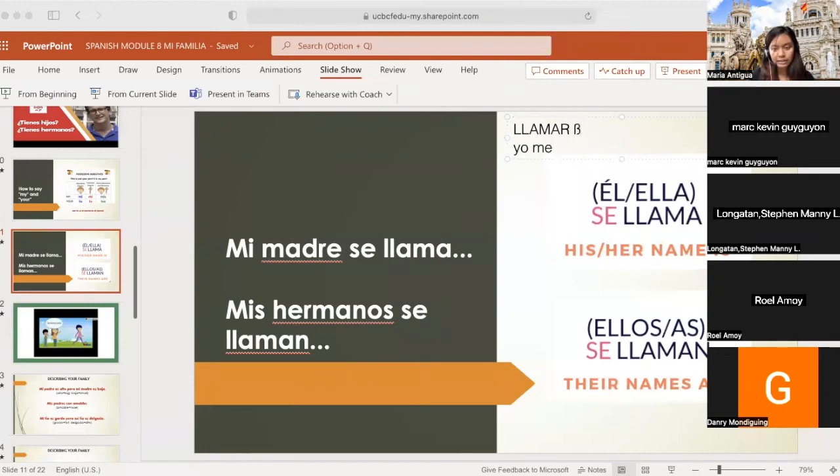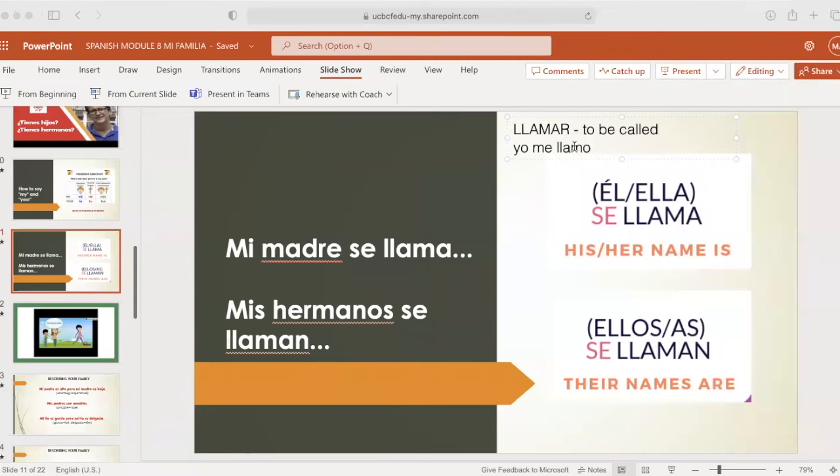Okay, because again, this means to be called. Yo me llamo. And then tú te llamas, from the phrase ¿Cómo te llamas? Remember, ¿Cómo te llamas? Right?